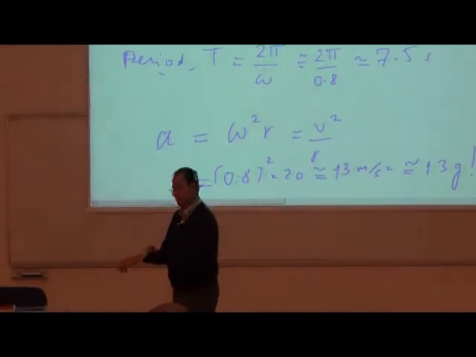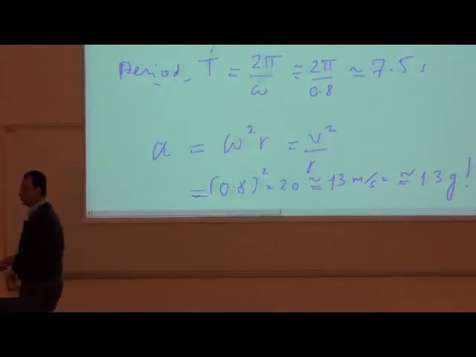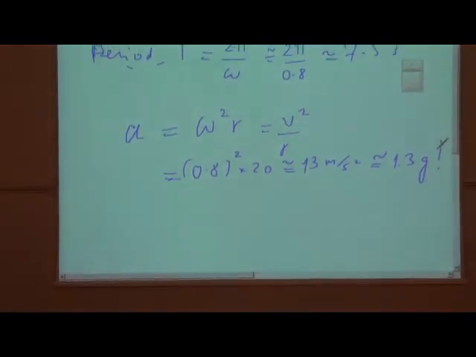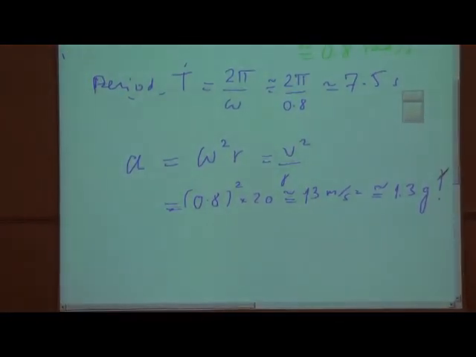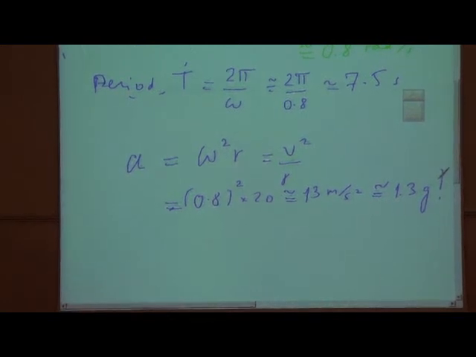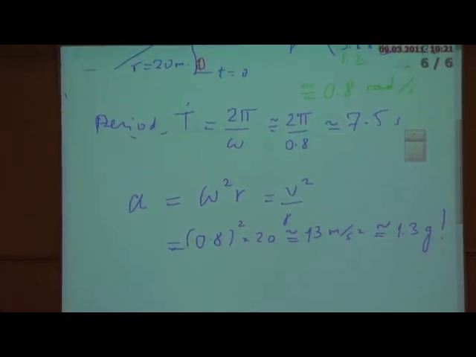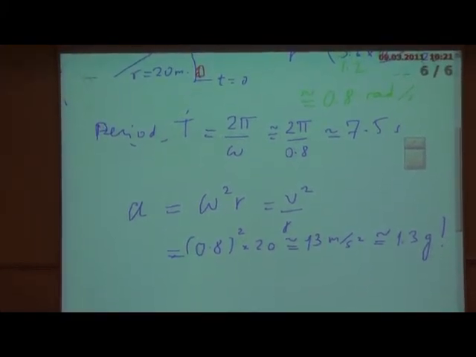Now let us use our fancy mathematics and write the vector position of this car. Let's say the car was here at t equals 0. We start looking at our watch or chronometer at the moment we enter the bend. Okay?